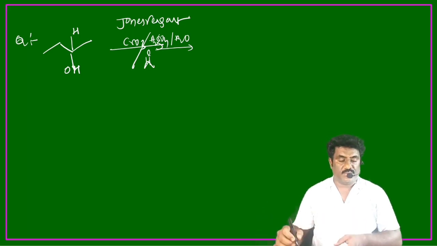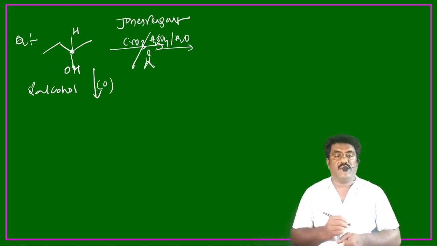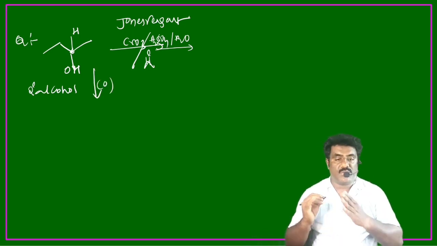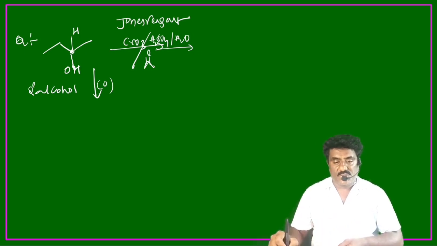Have a look at this question. What type of alcohol is it? It is a secondary alcohol, a secondary carbon with alcohol. In presence of the oxidizing agent Jones reagent, CrO3, H2SO4, H2O in acetone, the oxygen attacks the hydrogen.